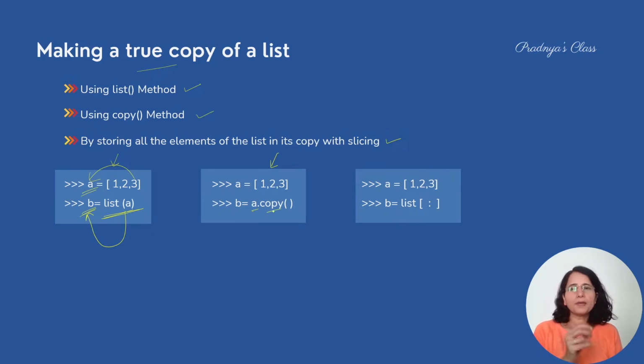With this statement we are copying the elements of A to B. In the third example we are applying the concept of slicing. You know, in slicing, if we skip the starting index and the ending index also, the whole list will get scanned, and in this way we can initialize the elements of one list to another list. So there are 3 methods to copy a list.